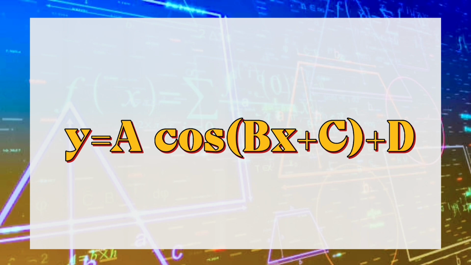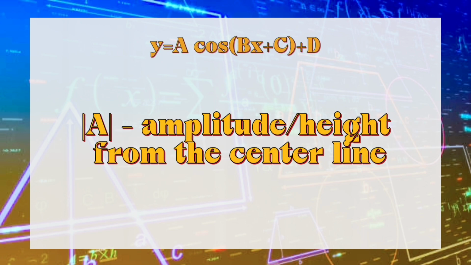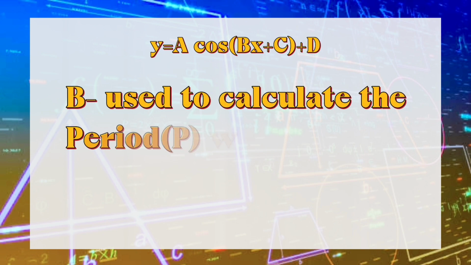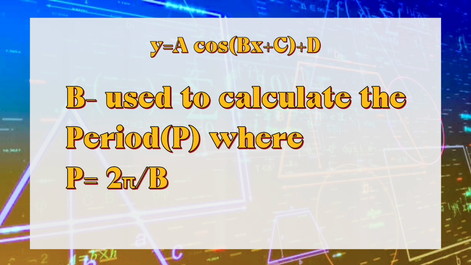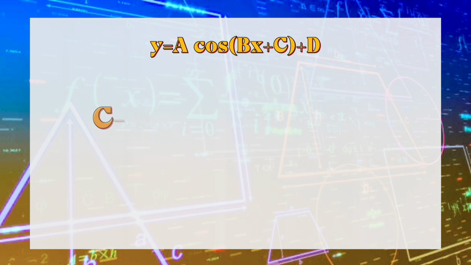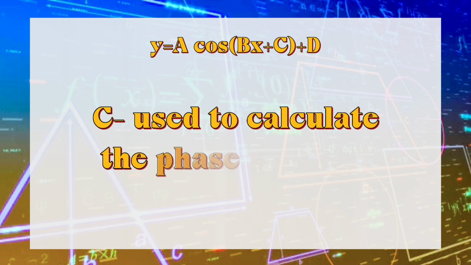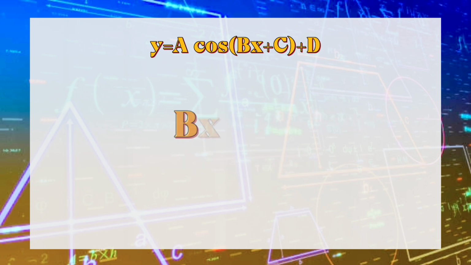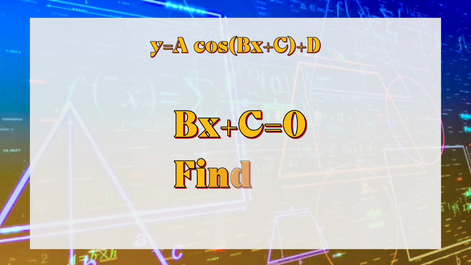The general formula for cosine functions is given by y is equal to a cosine of the quantity bx plus c, plus d, where the absolute value of a is the amplitude or the height from the center line to the peak of the graph. b is used to calculate the period given by P is equal to 2 pi over b. c is used to calculate the phase shift, which determines at what point we are going to start the graph in the horizontal line, and it's calculated by equating bx plus c to 0, and then find x.